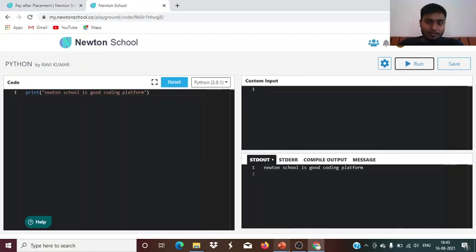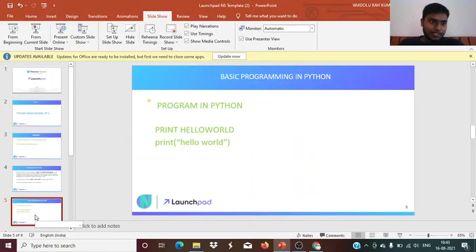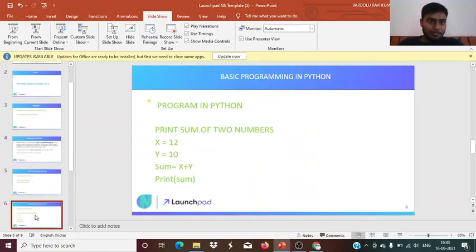Next, we have a simple program: the sum of two numbers.